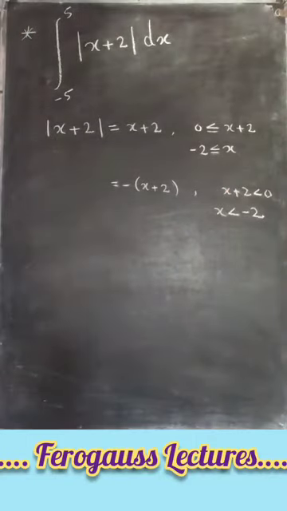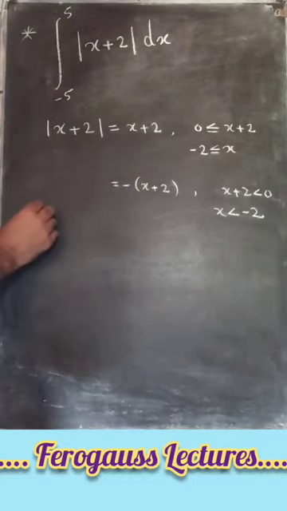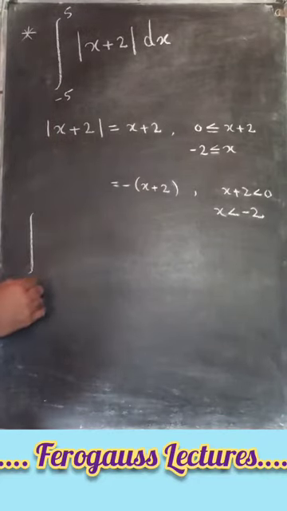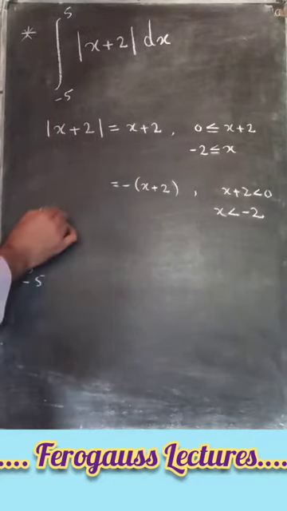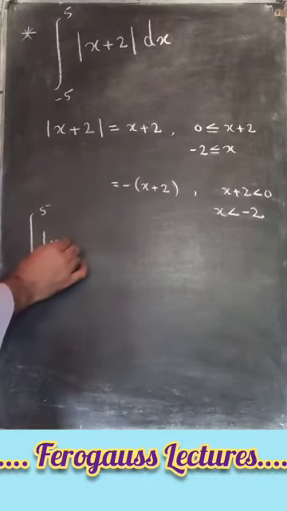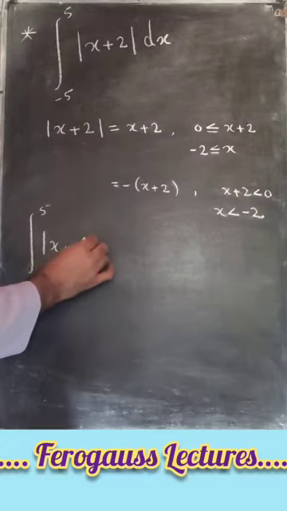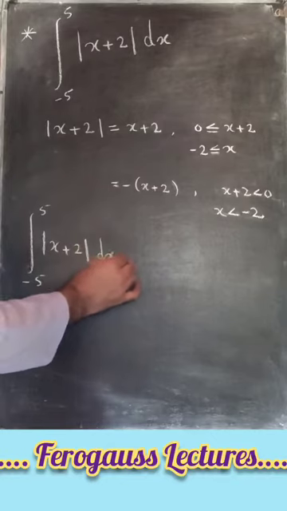Okay, now we can write this integral as it is from -5 to +5 mod of x plus 2 dx.